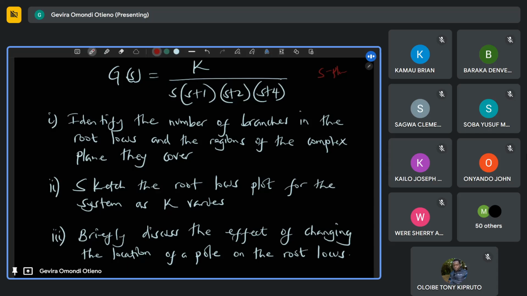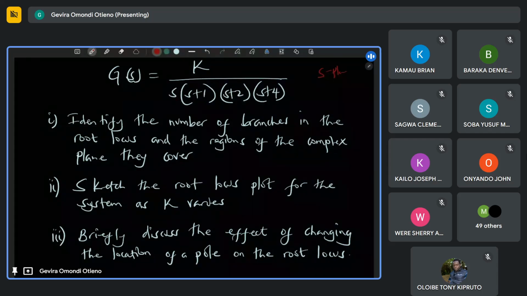So if you're studying, you must try and figure out what is the effect of moving a pole towards the origin or moving a pole away from the origin? What is the effect of moving a 0 towards the origin or moving a 0 away from the origin? Those you need to understand. The effect is based on the performance. What effect does it have on the performance of your system or of your closed loop transfer function.